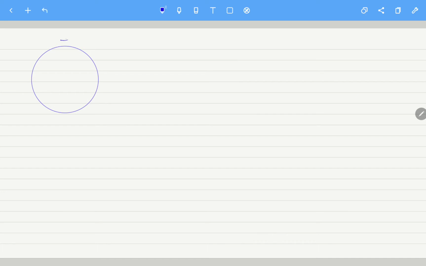So if it is equally distributed, say like this. Suppose the total charge, we call it Q1, and then of course this is a sphere, not a circle. A sphere should have a center, and then maybe we have another charge Q2 here.